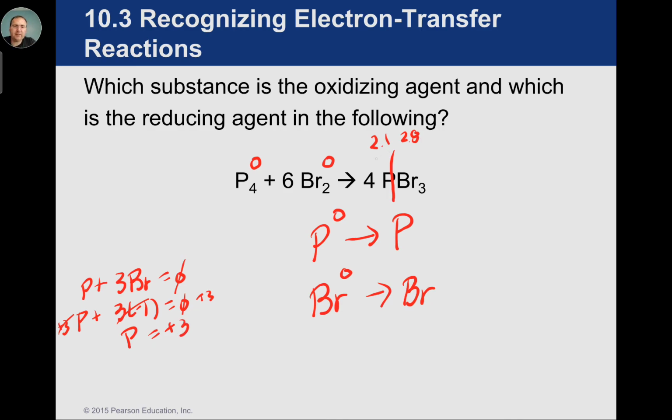That should make sense. If this is a +3, it's going to balance with 3 -1s, which is a -3. So you can always check your work, which is nice. That tells us, though, that phosphorus went to a +3, not what it wanted, but it's what it got. And bromine went to a -1, which is exactly what it wanted because it's the more electronegative bully.